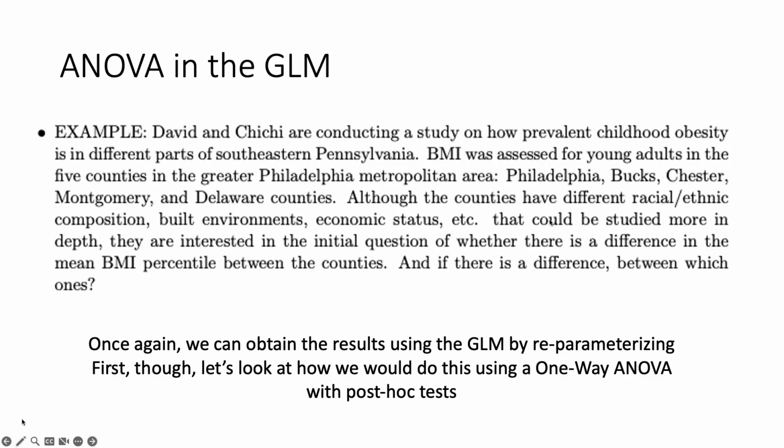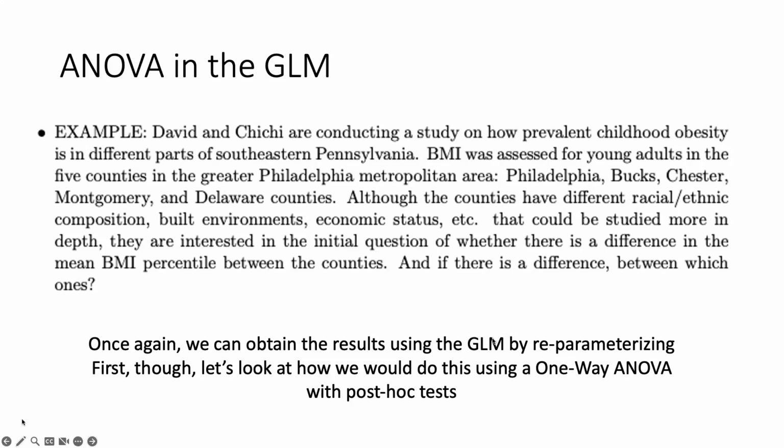Although there are lots of different things, racial and ethnic composition, built environment, economic status, and more, that we could study in depth, we're simply going to ask whether or not there's an overall difference between the counties in BMI. So without respect to any of these other variables, we're just going to look at the effect of the grouping variable county.